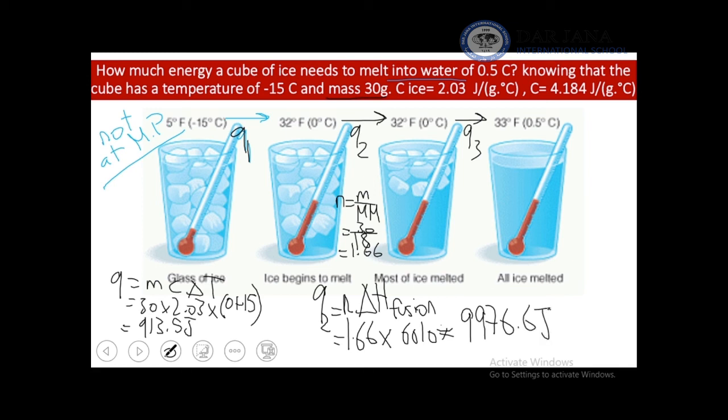After that, the water is now at 0. The water temperature increases to 0.5.